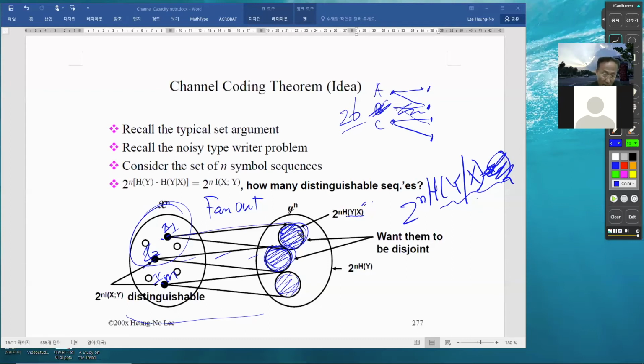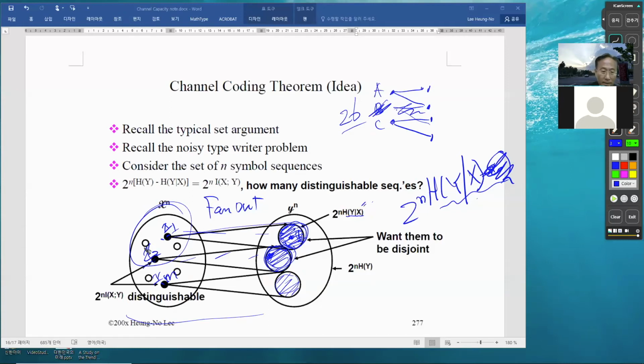So, for example, if we receive Y belonging to this fan, then we can say X1 was the input. If the output belongs to this fan, we can say that X2 was the input, and so on and so on.